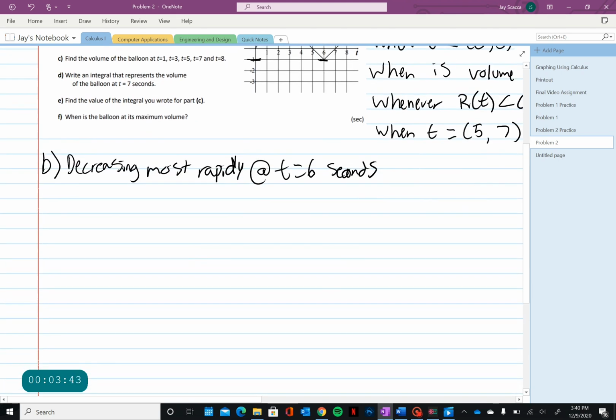Alright, C, find the volume of the balloon at t equals 1, t equals 3, t equals 5, t equals 7, and t equals 8. So we can write V of 1, V of 3, V of 5, V of 7, and V of 8.